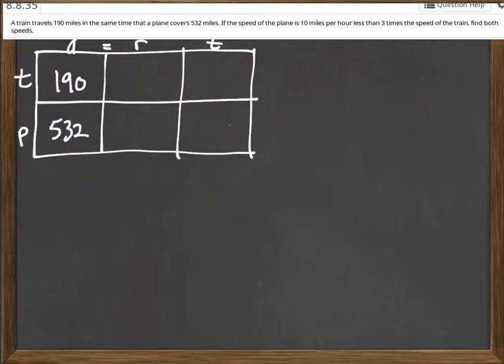Now, what we're interested in are the speeds of the plane and the train, so I'm going to let those be my variables. What we know here is that the time for the train and the time for the plane are the same.